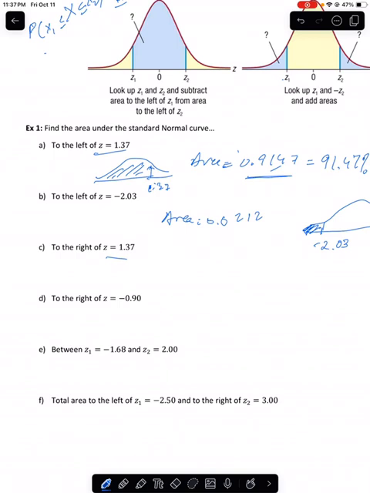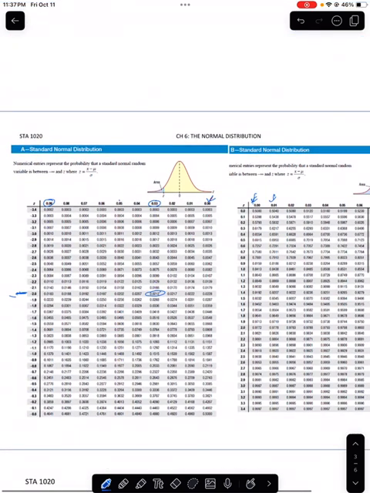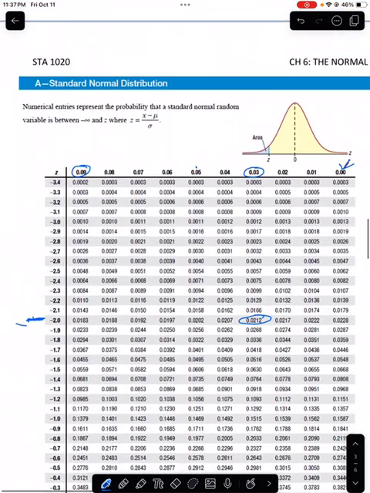But in order to find the area to the right of this, what do we do? We look up Z is equal to negative 1.37. So look up the negative 1.37. Negative 1.3 is this, and the seventh column is the third column here.